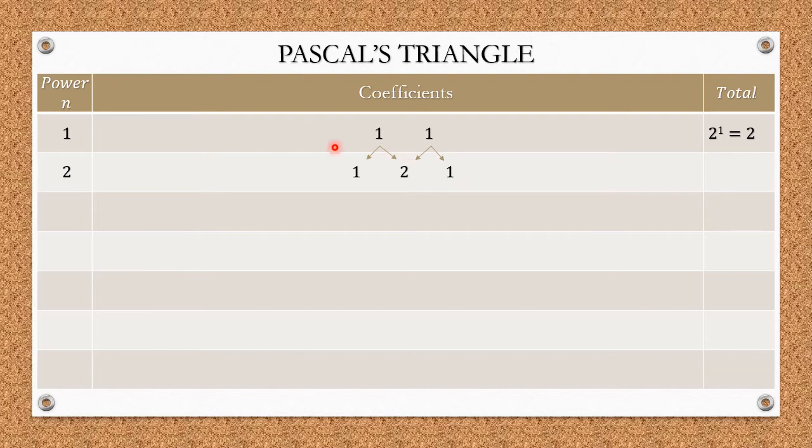So now this becomes 1, 2, 1. So when you square (a + b), you get a² + 2ab + b². And when you make a total of these three values, 1 plus 2 plus 1, you get 2 raised to 2, that is 4. So 2 to the power 2 is 4, and that's your answer.